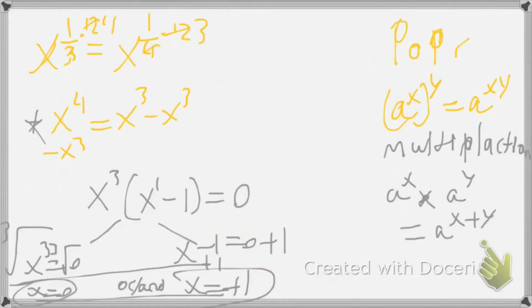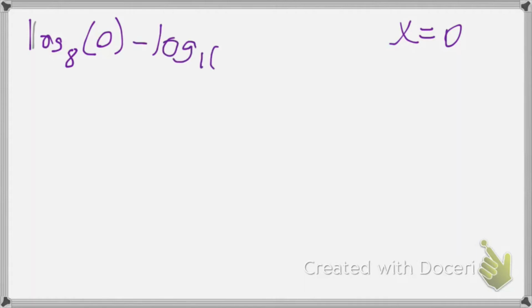Going back to the question, log base 8 of x minus log base 16 of x equals 0. I'm first going to plug in x equals 0. Log base 8 of 0 minus log base 16 of 0 is equal to 0.